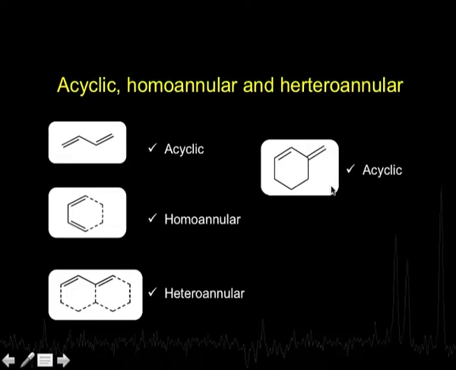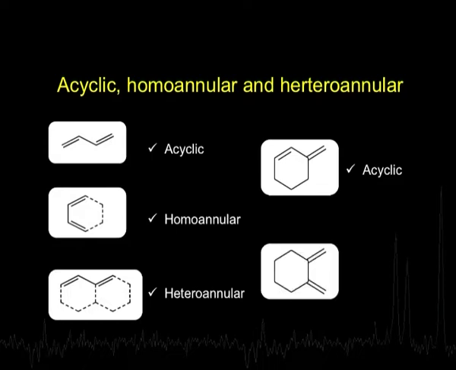The reason I am talking about this is that these different systems have different base values. If this is my basic chromophore, it will be taken as alicyclic and the base value will be about 217. If it were homoannular or heteroannular, the values would be different.